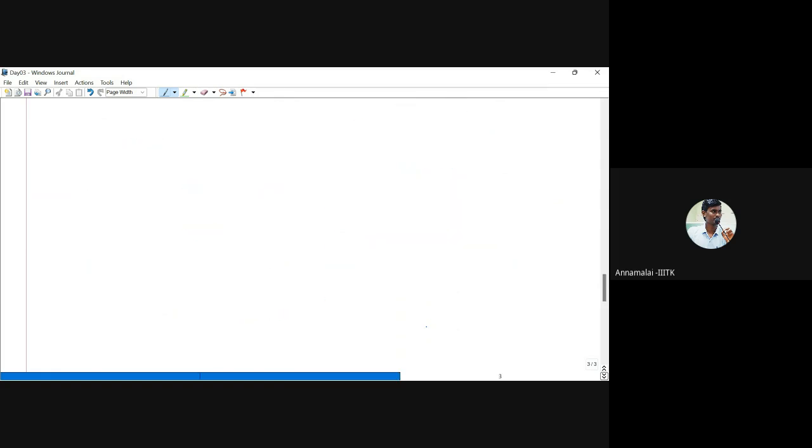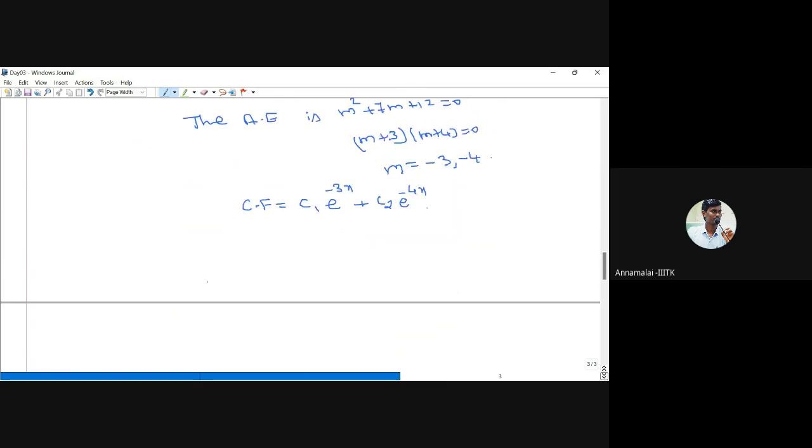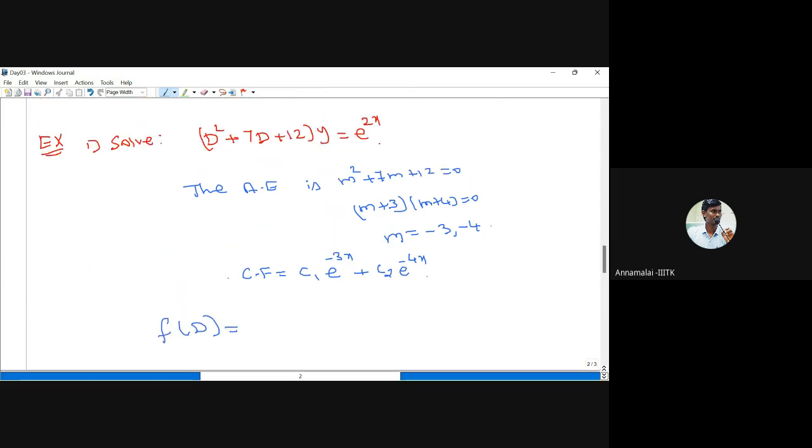Next you have to find the particular integral. First, what is f of d? F of d is the given function d square plus 7d plus 12. Here l is 2, so what is f of 2?